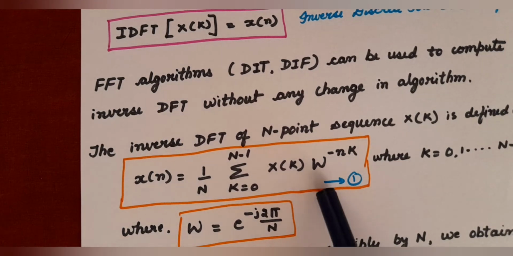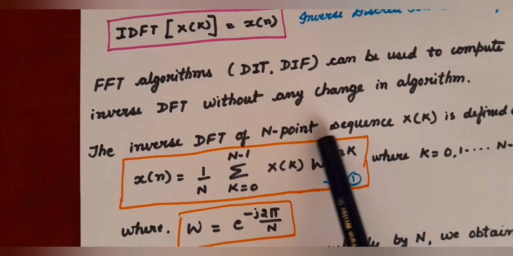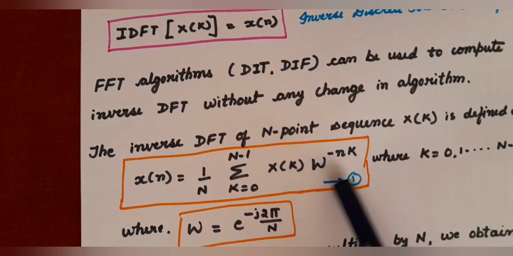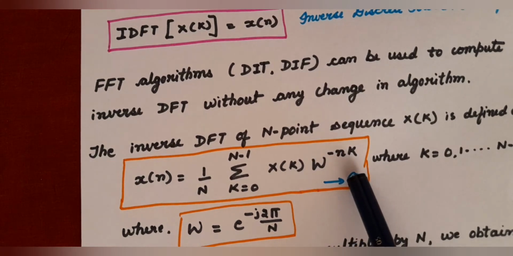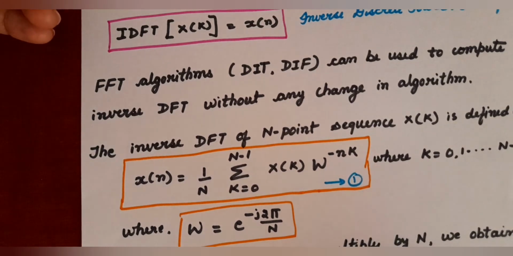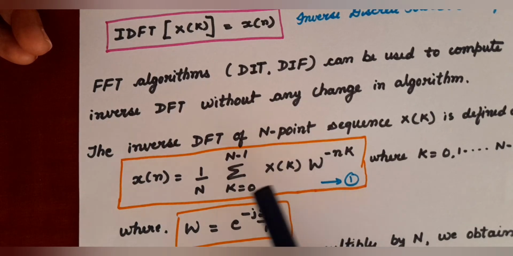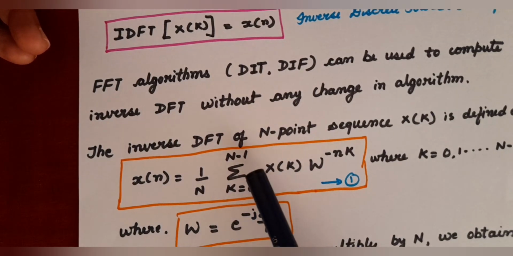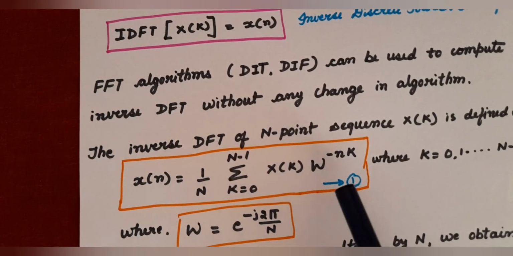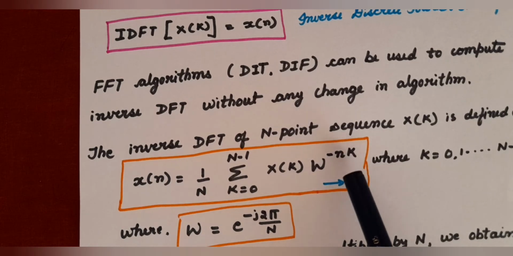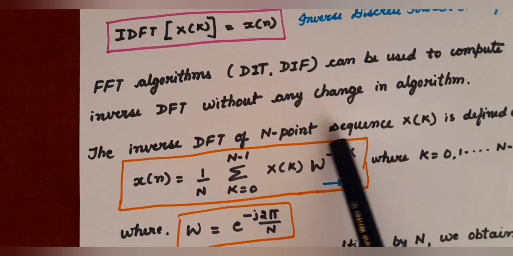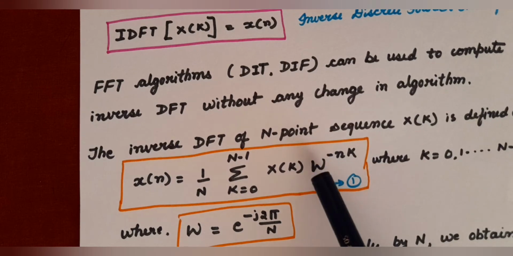As you cannot use these negative twiddle factors in your DIT and DIF flow graphs, we have to follow these two steps. This is the IDFT formula, x of n is equal to 1 by N summation k is equal to 0 to N minus 1 X of k W to the power of minus nk. But using DIT and DIF, you do not have these negative values. So, what have you done?